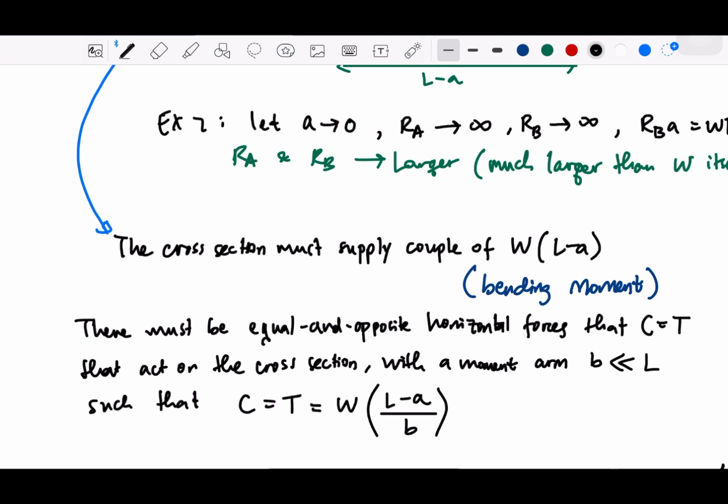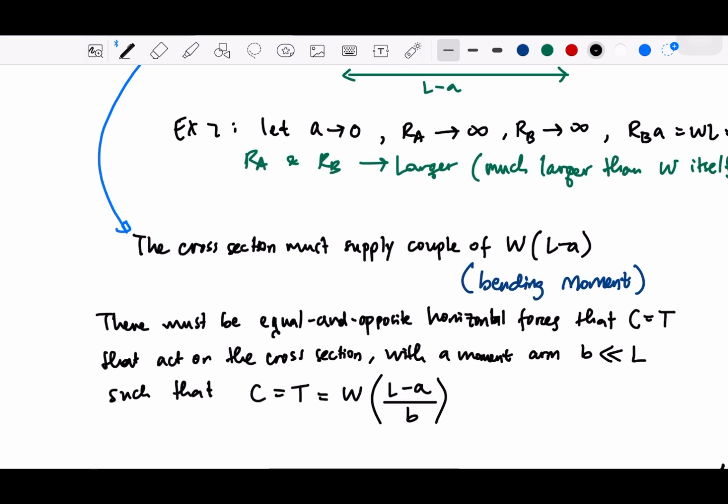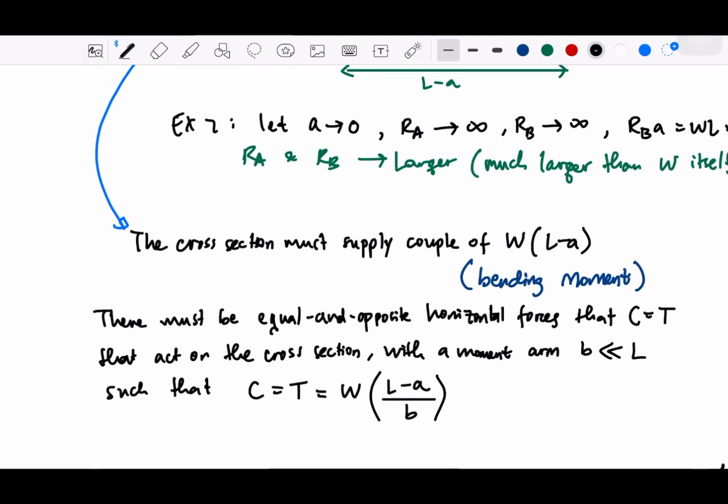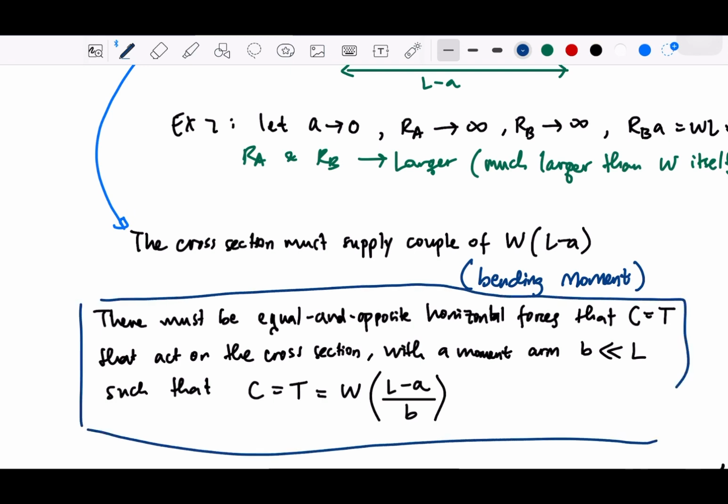So within these cross sections, we need to have both compressive and tensile stresses, with the magnitude of the resultant compressive force and resultant tensile force much greater than the external load W. I hope you can get the idea.